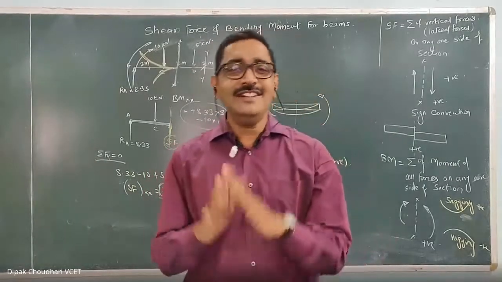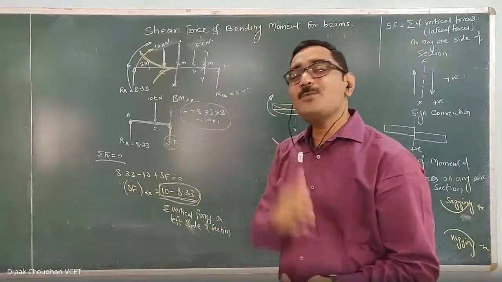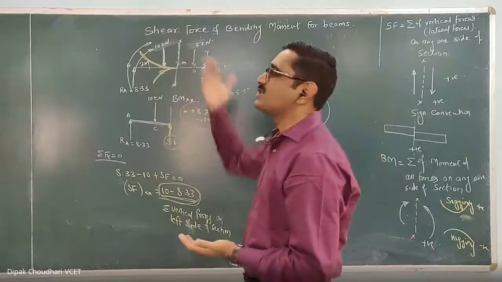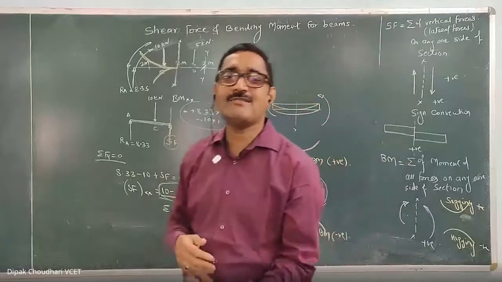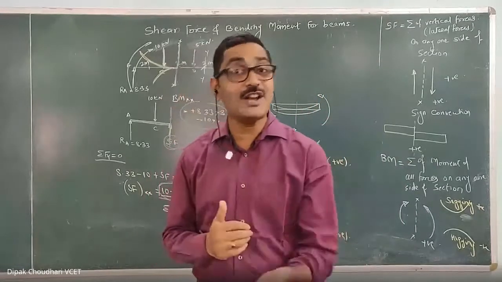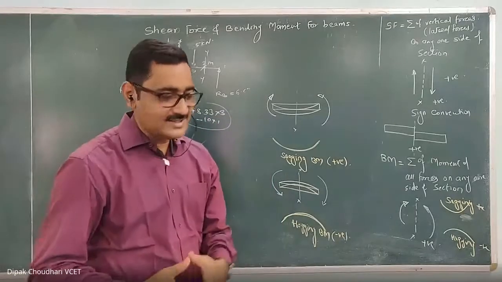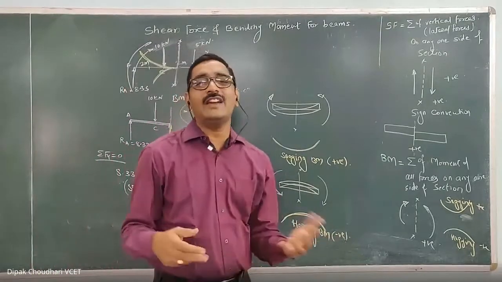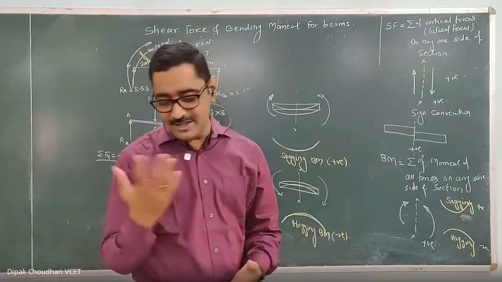For mechanical, it is enough to calculate the maximum bending moment over the beam and the maximum shear force, because that maximum shear force and bending moment is required to decide the dimensions of that particular component. So we are not going to see that part, how to calculate the area under the shear force and bending moment diagram and what its use is. Civil students will study it separately.